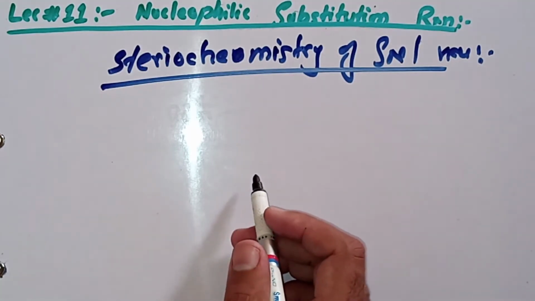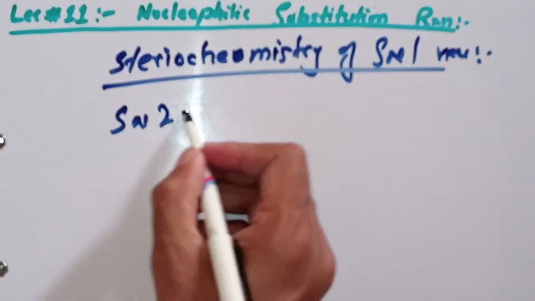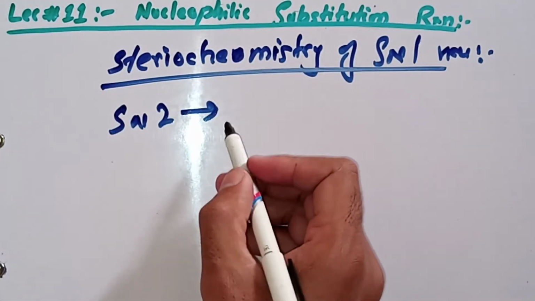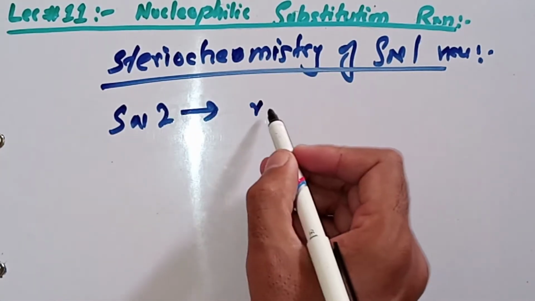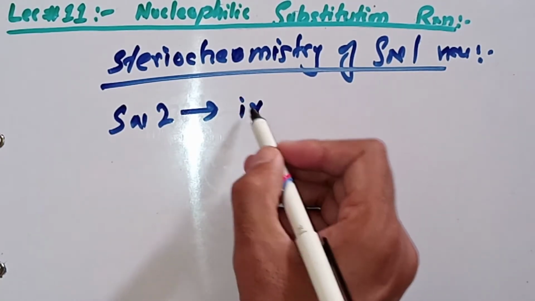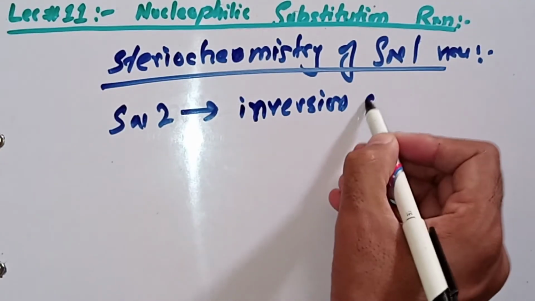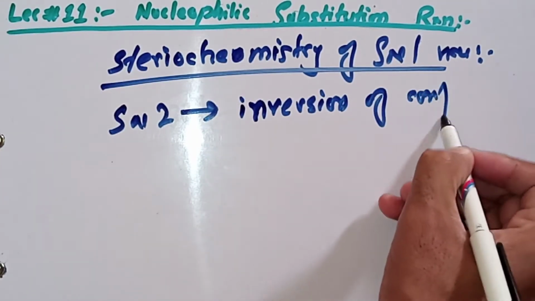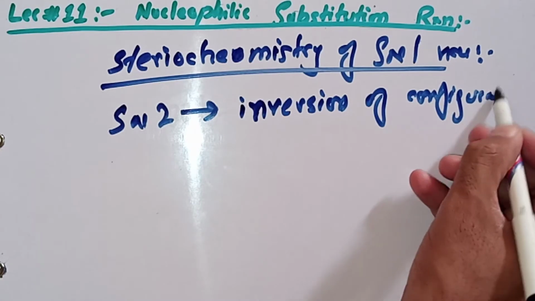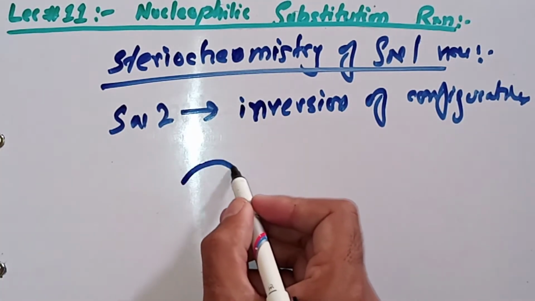Let's start. In Sn2 reaction, I already told you, only one product is possible, that is called inversion. What is meant by inversion? Only inversion of configuration is possible.